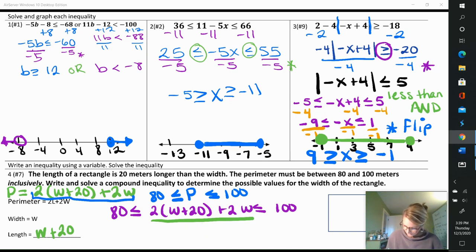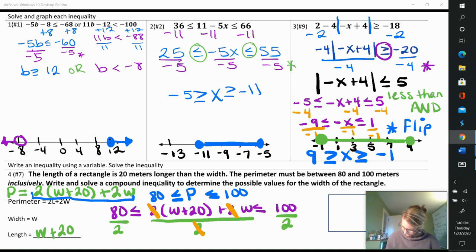And to be honest, I'm taking a little bit of a shortcut here because this app is dragging a little bit, and I want to get to the solution. Okay, so that cancels out the 2 in front of w plus 20, and it also cancels out the 2 in front of the w that represents the two widths.